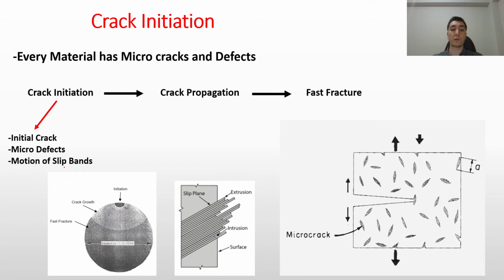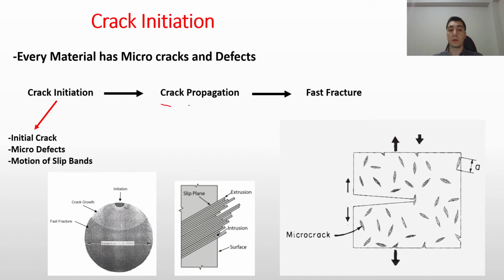And also motion of the slip bands can be the cause of crack initiation. When the slip bands move, there will be extrusion and intrusion, and these will act like stress concentrators. So crack initiation will be expected in every case, in every structure.